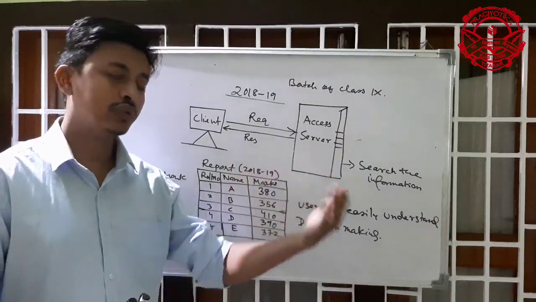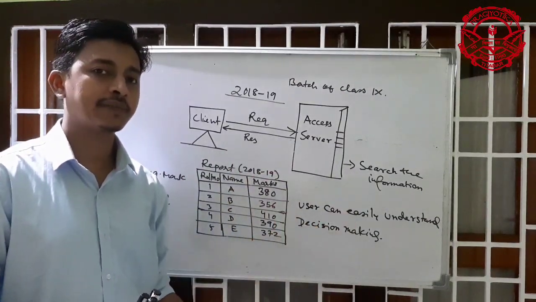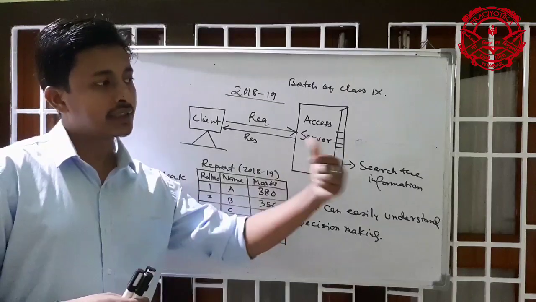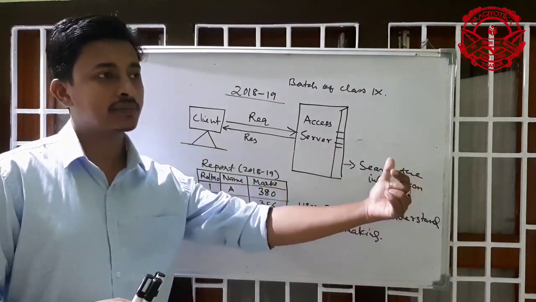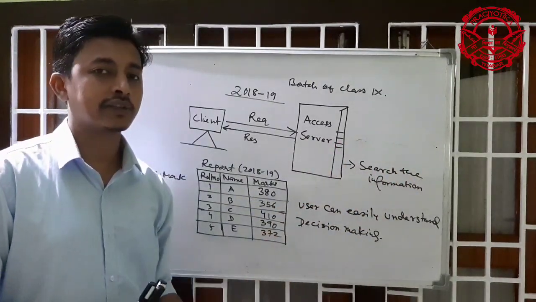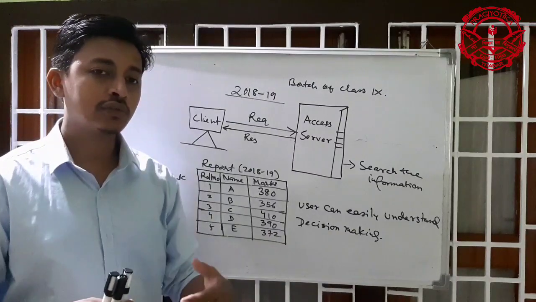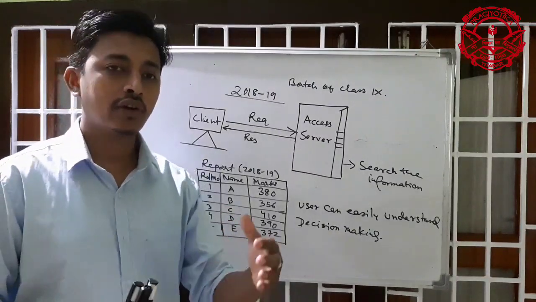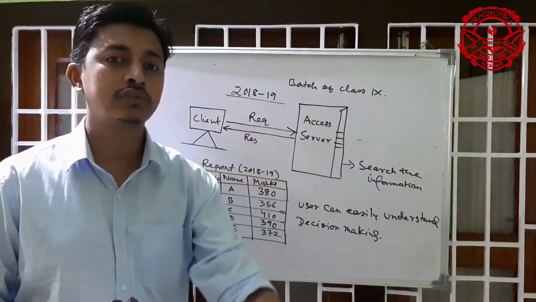Okay, so for those students who get less marks, I can understand that this boy or this girl gets less marks. So that's why I need to give extra effort to those students.